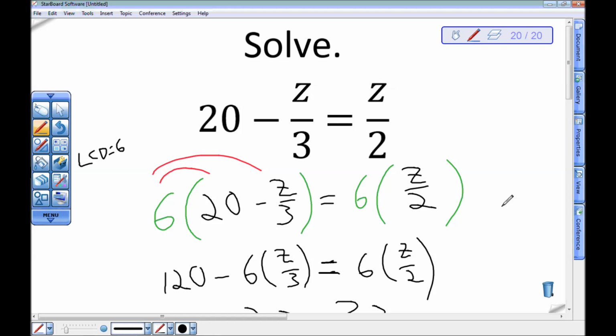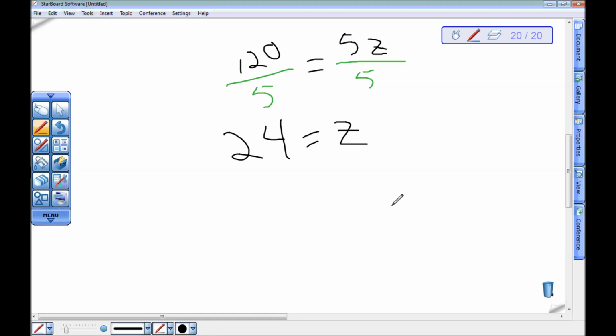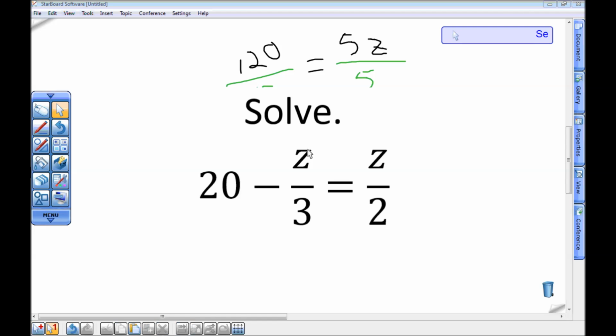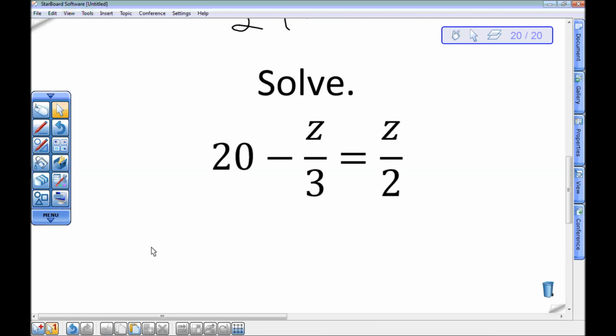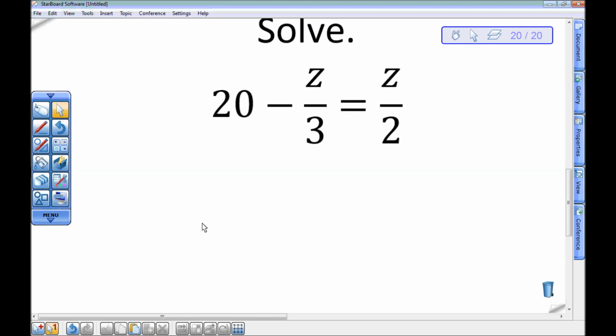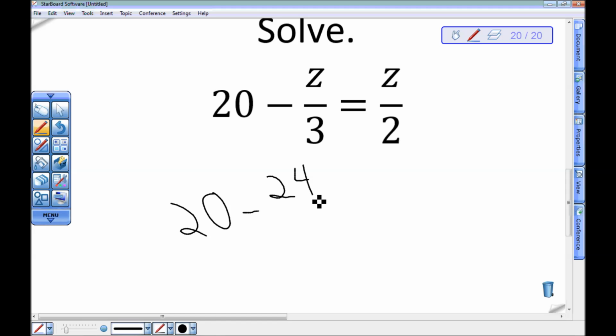So I've got this equation. I want to check z equals 24. So z is 24. This says 20 minus 24 thirds is equal to 24 halves.